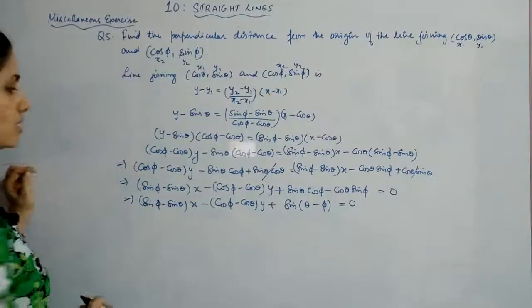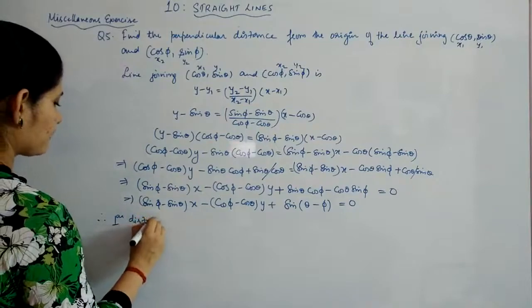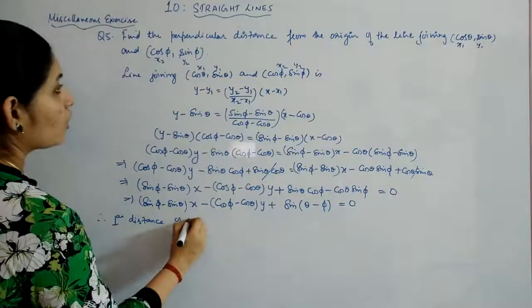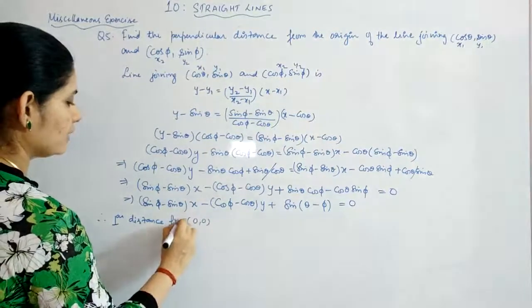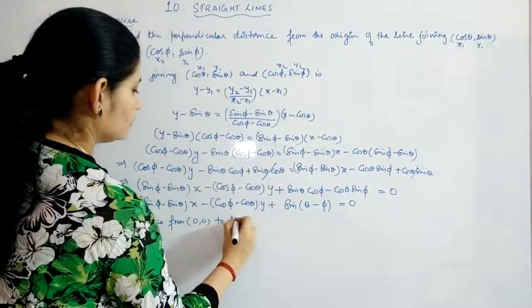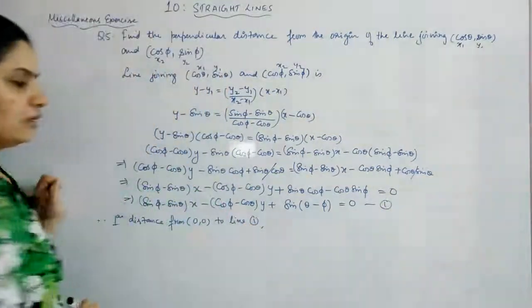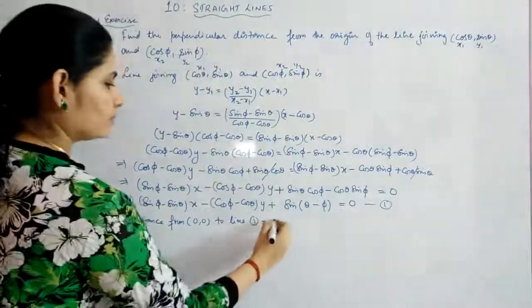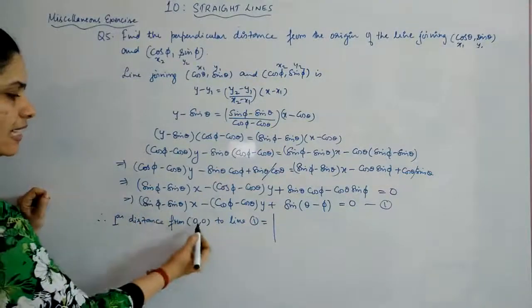Therefore, the perpendicular distance from the origin to the line, let it be equation number 1, will be modulus of, what will you get, a x1. A is this, x1 is 0.